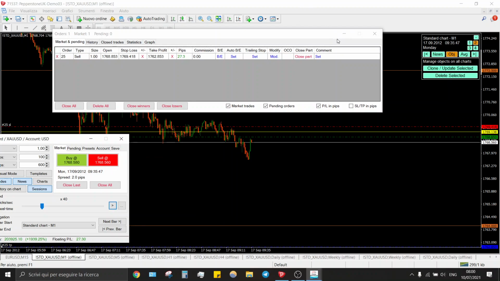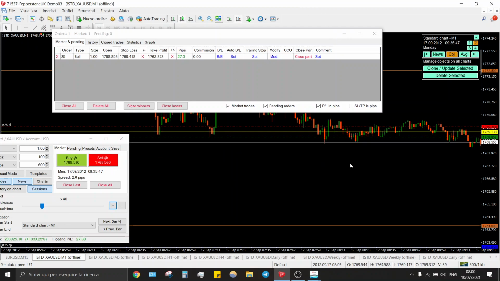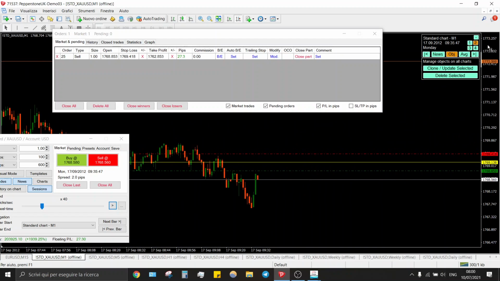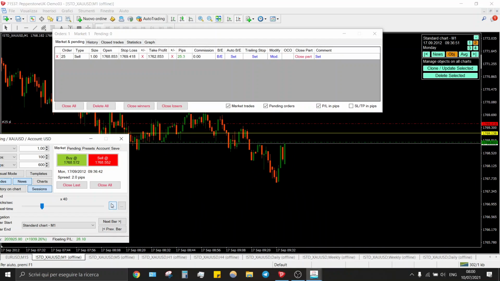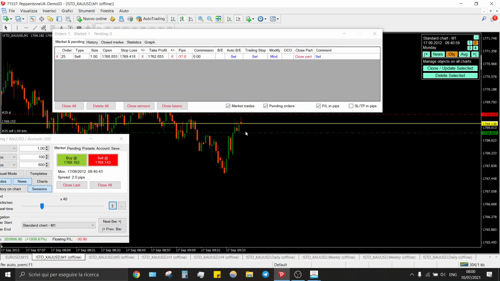And price is coming back to the entry really aggressively again. You got a retest again.